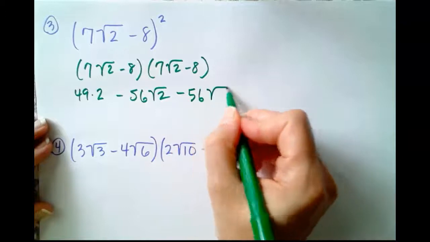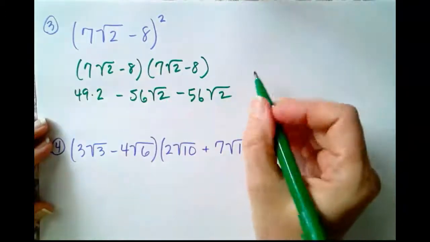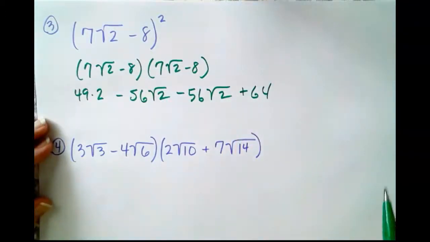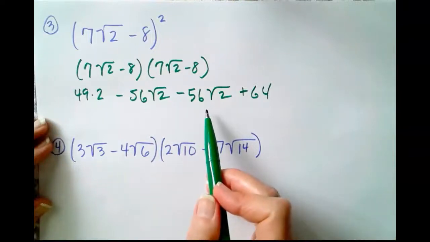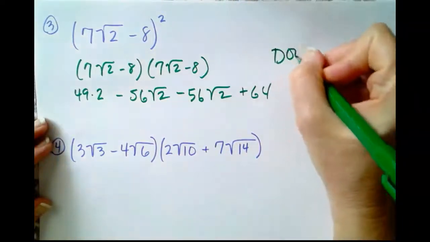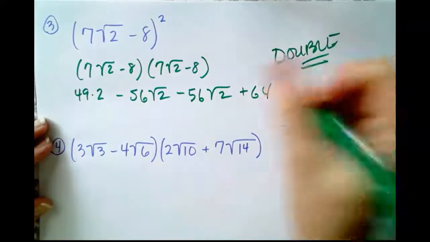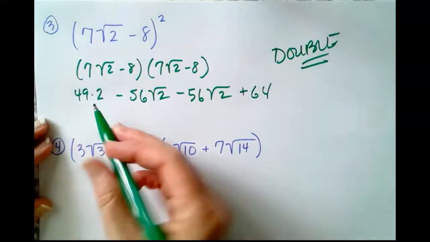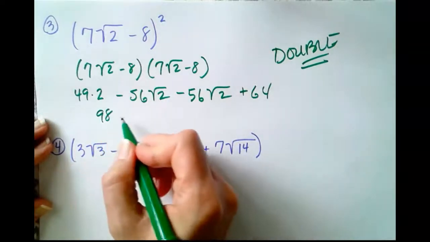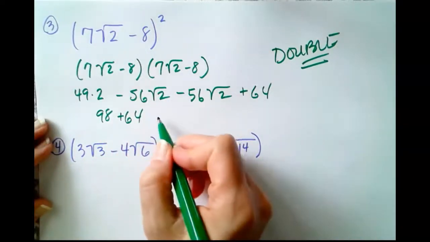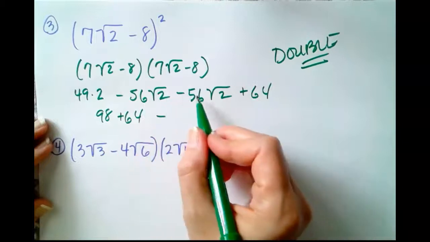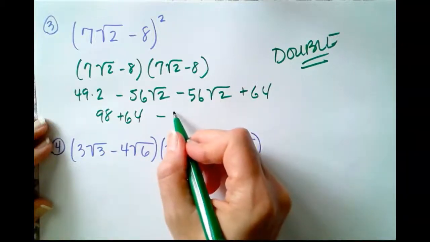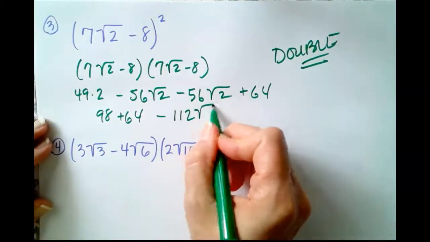Another -56 root 2, and then plus 64. This time, middle terms don't cancel. The middle terms double when we square a binomial. So 49 times 2 is 98, plus the 64, minus 56 root 2, minus 56 root 2, which is -112 root 2.